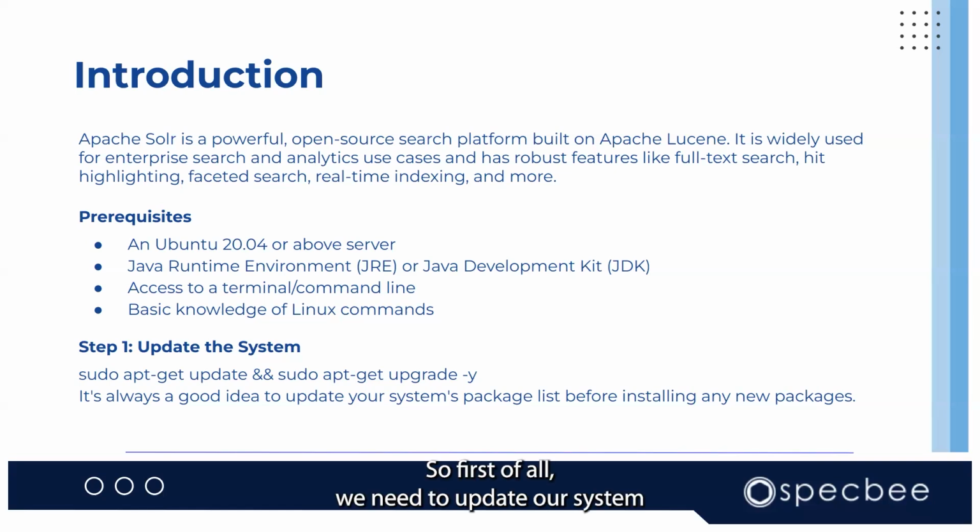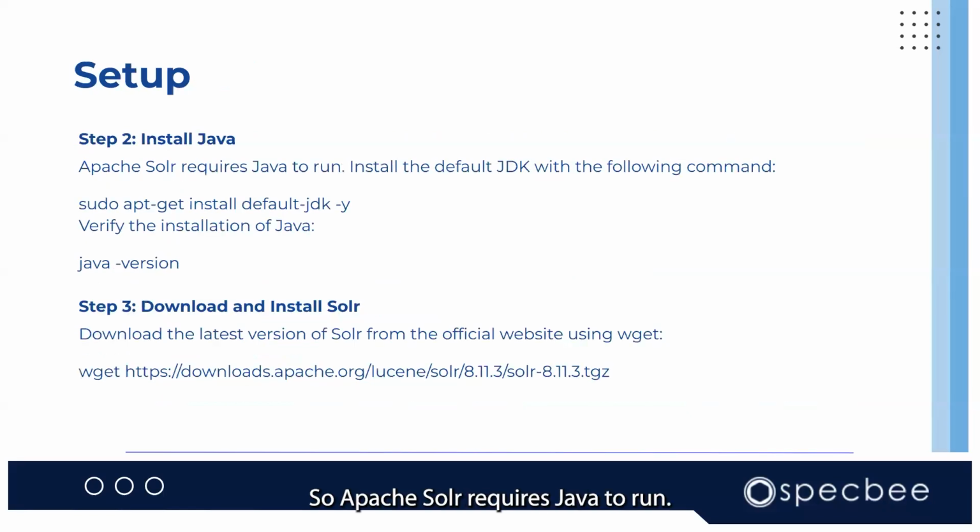So first of all, we need to update our system using the sudo apt-get update command. This will make sure that any new packages are installed properly. Next is installing Java, as Apache Solr requires Java to run.